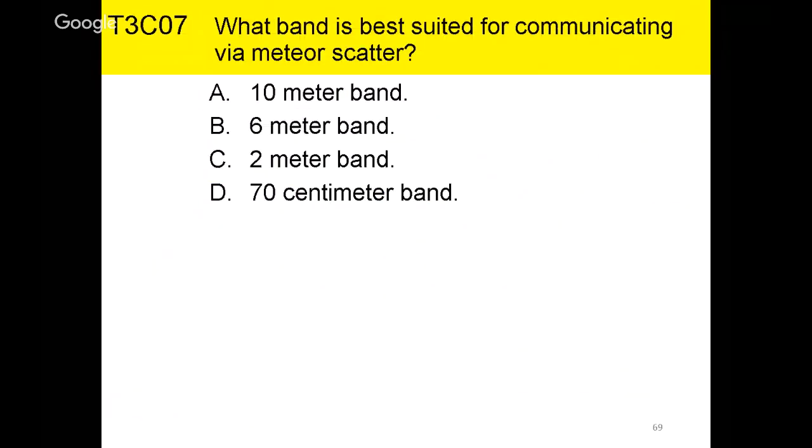So what band is best suited for communicating via meteor scatter? Wow. You have a meteor shower, and there's one little band that everybody calls the magic band, because conditions will open up on this band at a moment's notice and can be affected by so many things. It's very interesting sometimes, and I wish I could get in on some of this stuff.